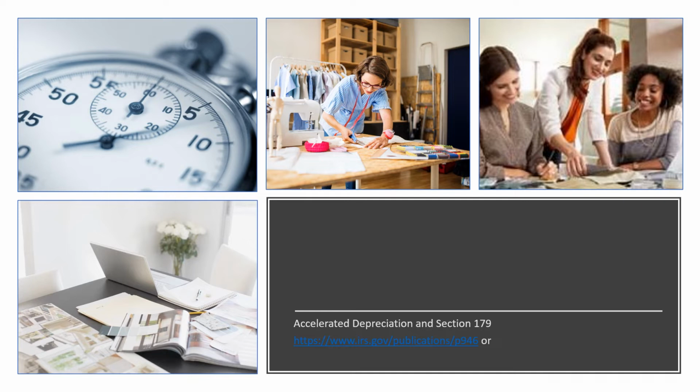Because it allows you to take more depreciation in the first year of the asset and take that expense against your income. As an example, let's say that you bought office equipment in the amount of $20,000. Your book depreciation expense for the year would be $2,857 if you're using the straight line method.